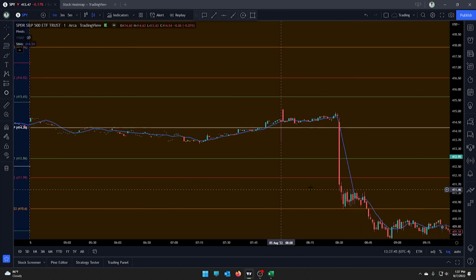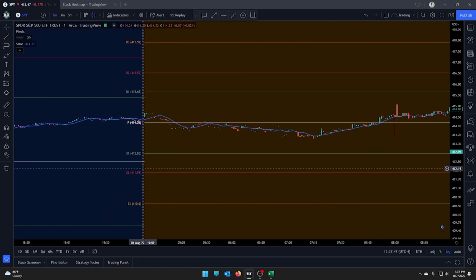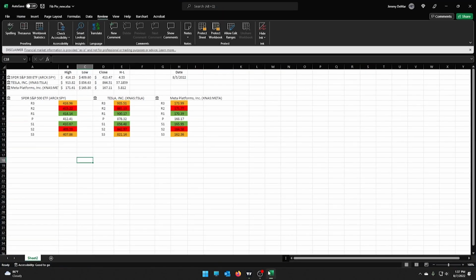Likewise, if we look at these numbers, 410.60, 411.99, and you look at these, this was 410.60 on the indicator, 411 on the indicator. Again, big difference. However, these numbers here are accurate.